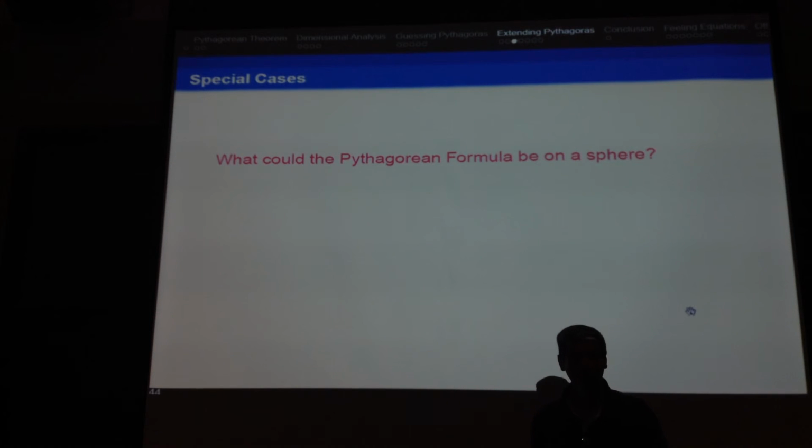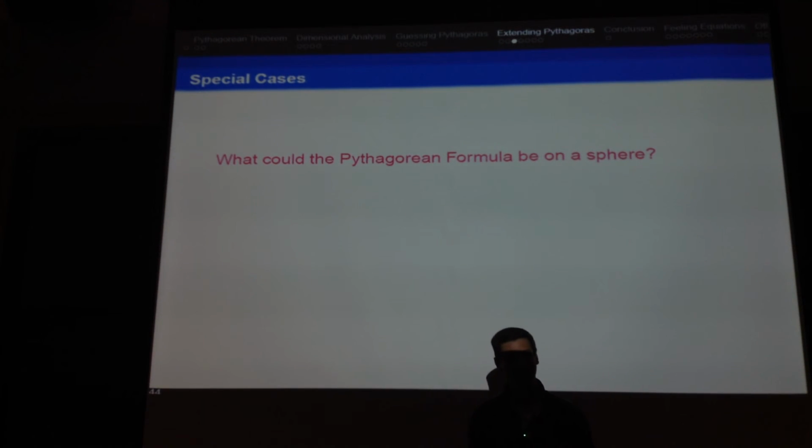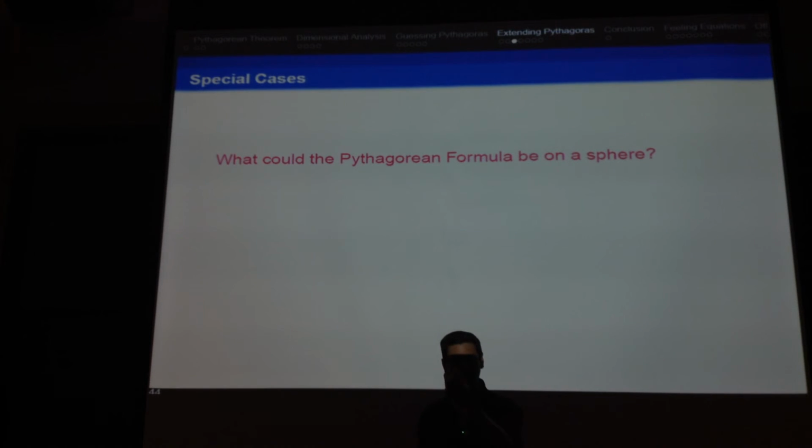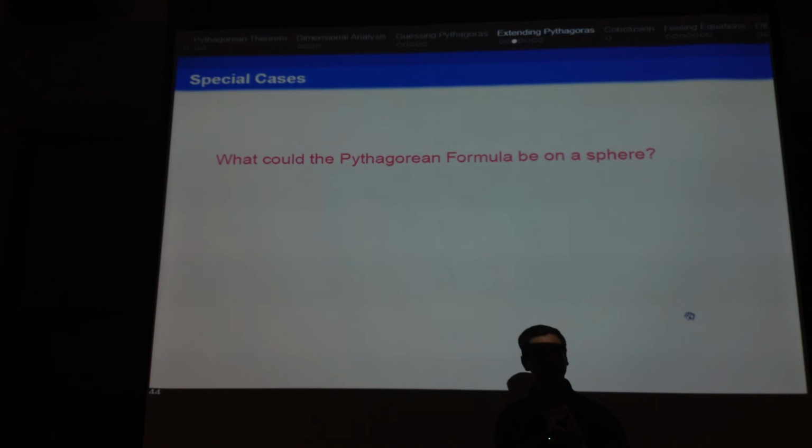What would the Pythagorean formula look like on a sphere? Now, one of the reasons we use radians is if you use radians, the length of an arc is basically the angle it sweeps out times the radius of the circle.